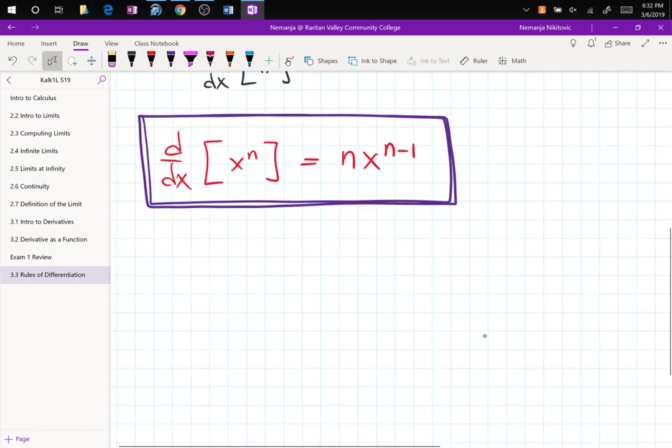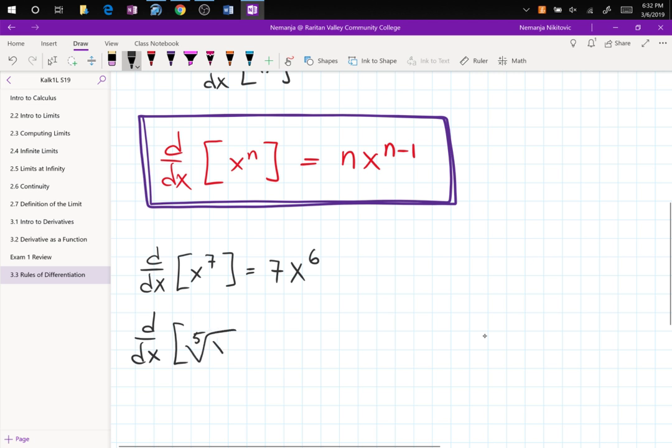Yes, it will take care of the derivative of x to the 7, right? That's your n is 7, so you drop 7 down and then you get x to the 6 as 7 minus 1 is 6. Very simple, right? What else is under this formula? How about the derivative of the 5th root of x?